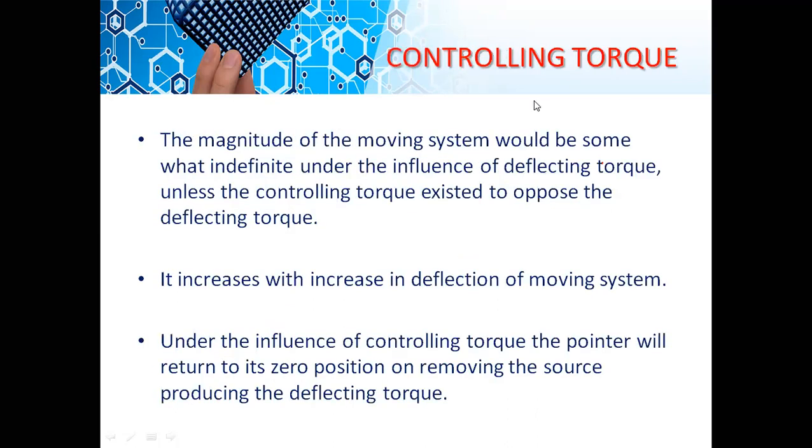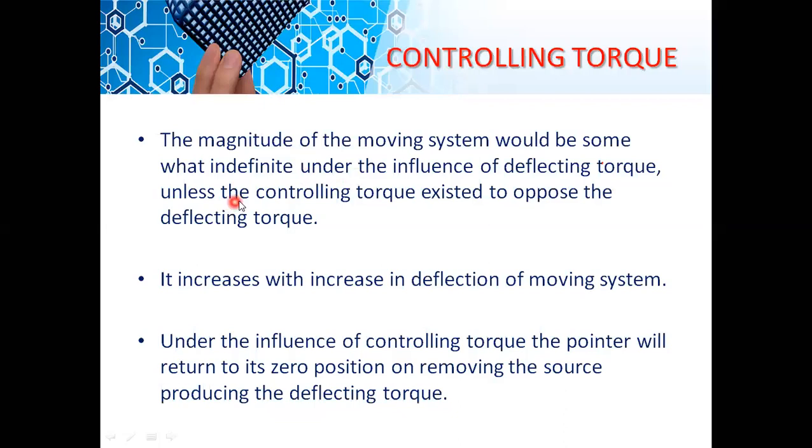Then we'll go to controlling torque. As we have seen, the pointer will start moving because of the deflecting torque, and when it moves, the movement is going to be indefinite.